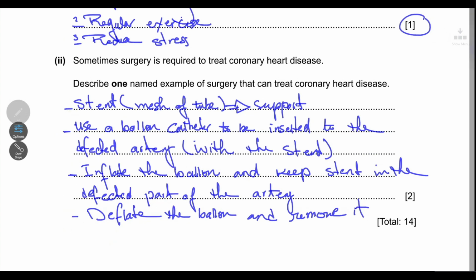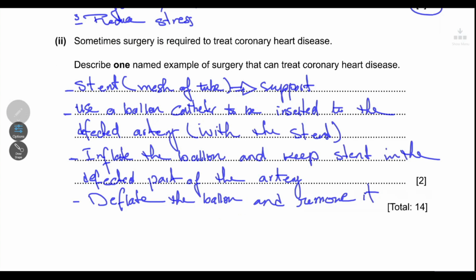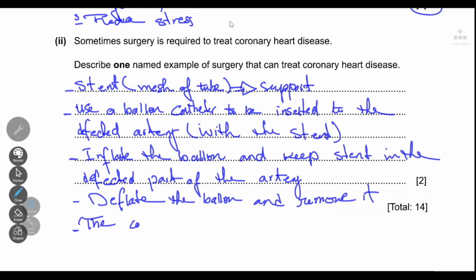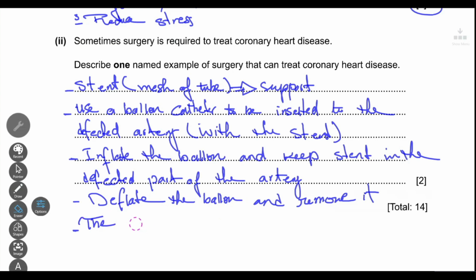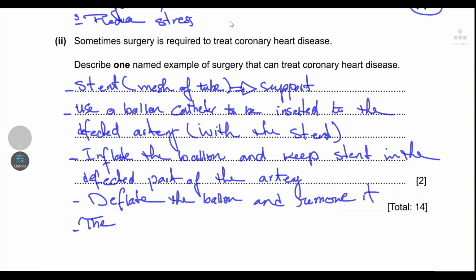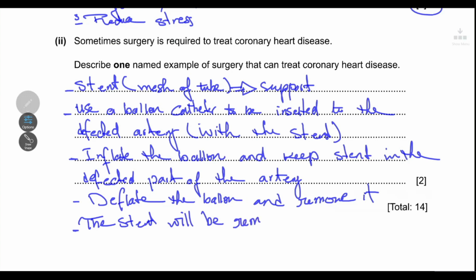The stent will remain and will be considered a support. Okay, I'm sorry, this is the stent. It will remain as support.